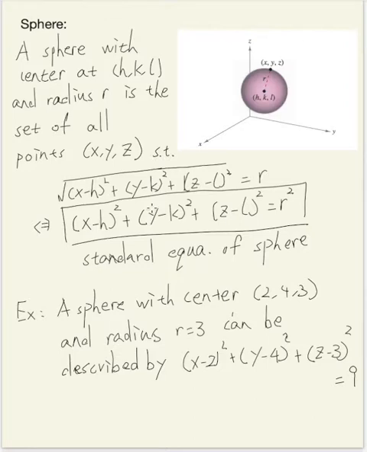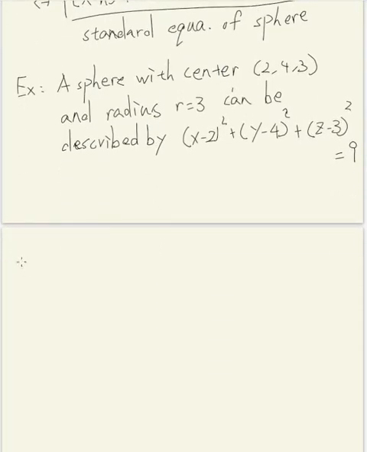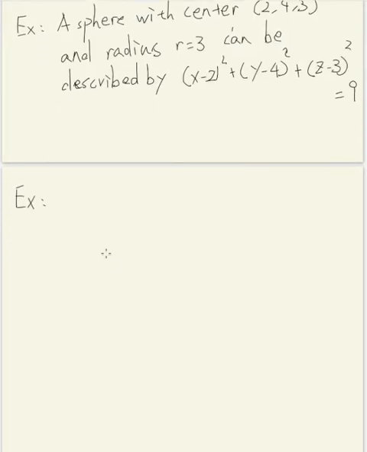Now, suppose you're only given 2 points. Now, 2 points do not determine a sphere. You can find all kinds of spheres that have these 2 points on it. But a special example is if you have 2 points as endpoints of a diameter of the sphere, then that determines the sphere. Okay?